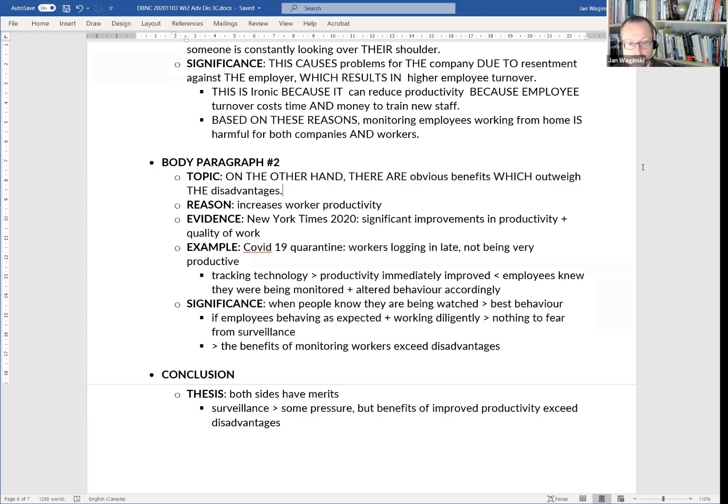So we want to pick the most efficient structure for delivering our ideas. So even if I don't believe this, I still find that it's very easy to talk about these obvious benefits. Just put yourself in any manager's shoes or any company owner's shoes. It's clear to see that there are obvious benefits of monitoring your employees.